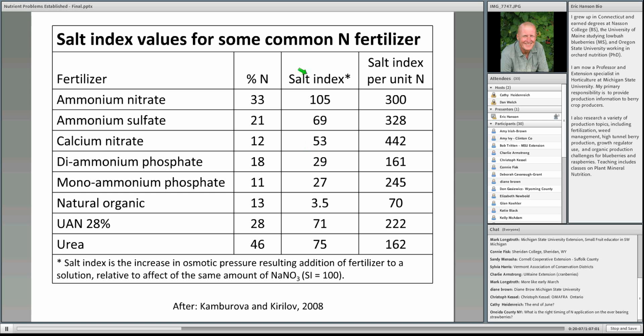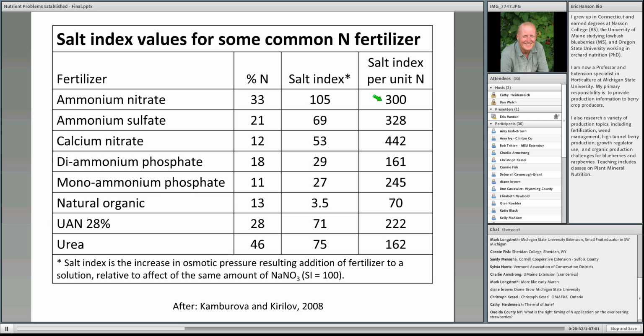But these values are based on units of actual fertilizer. So if you're working in the field, of course, you're thinking about I'm going to apply, for example, 50 pounds of nitrogen. What's the best source of that? Well, if you're using ammonium nitrate that's higher in nitrogen, you would use less of that material.